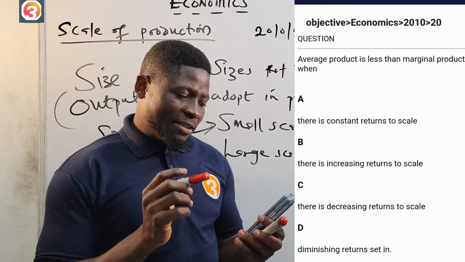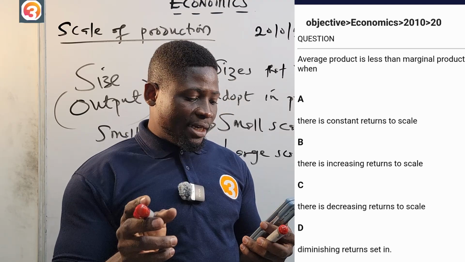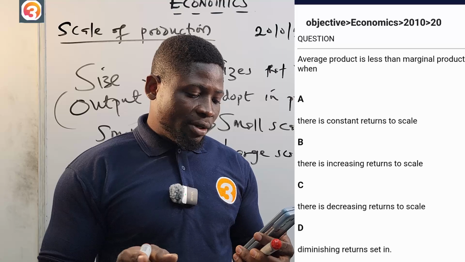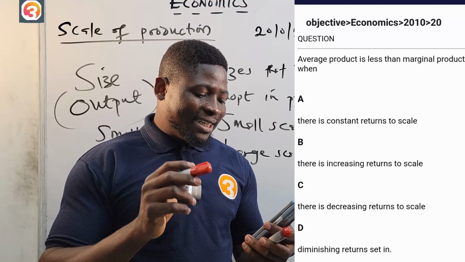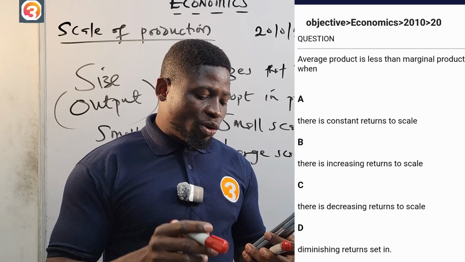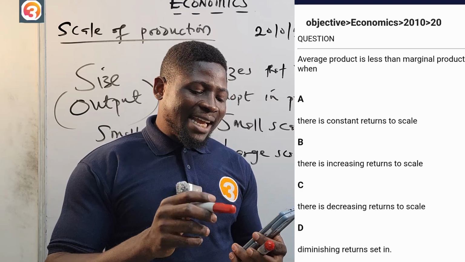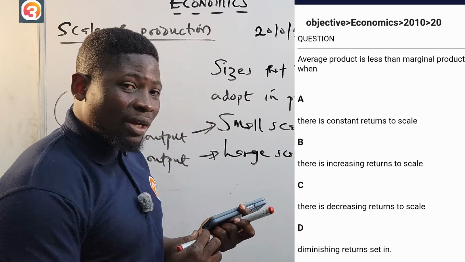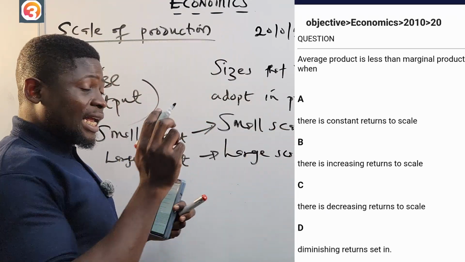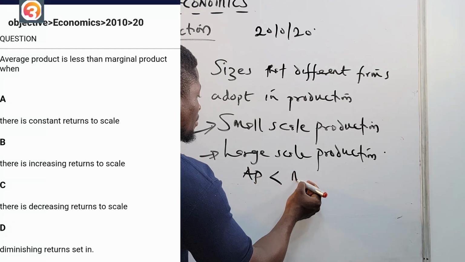A says there is constant returns to scale, B says there's increasing returns to scale, C says there is decreasing returns to scale, and D says diminishing returns set in. Now the question is, average product is less than marginal product when we are experiencing what?